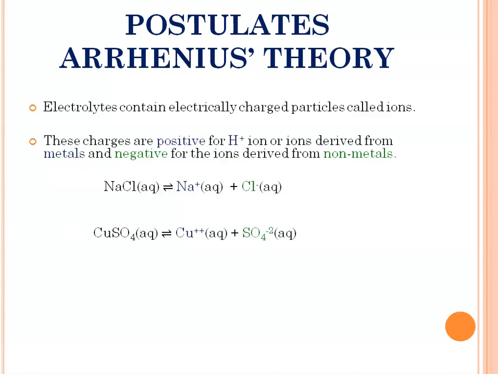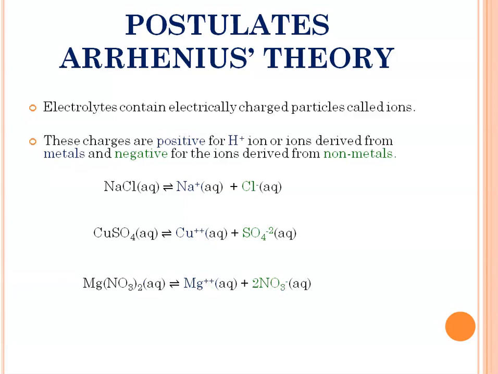Similarly, if you dissolve copper sulfate in water, in the solution of copper sulfate, you have copper ions coming from the metallic copper of copper sulfate, while the sulfate ions come from the non-metallic part of the molecule.